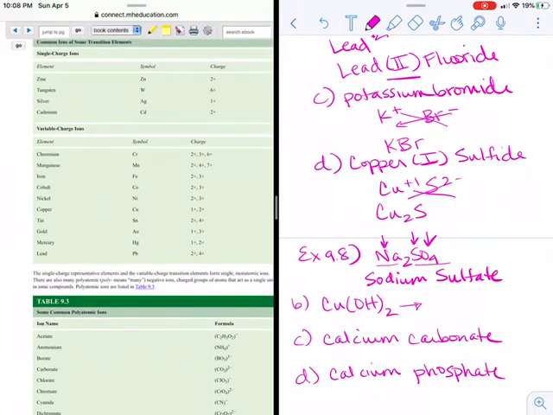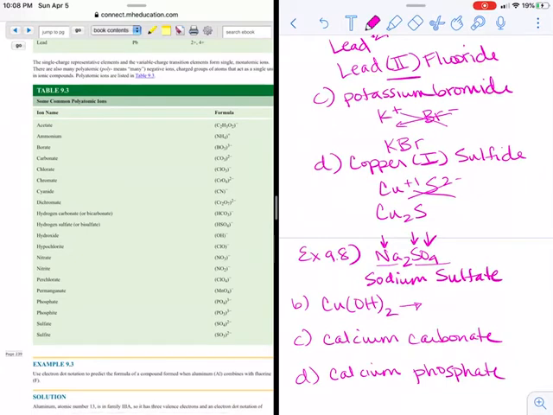All right, so copper, if you look up here on table 9.2, see how copper has a +1 and a +2? We have to figure out which one it is. Well, if you go down here to OH, so look through here and see OH. See how that's hydroxide? And again, you've got how many capital letters? You've got 3, so that means that you're dealing with a polyatomic ion.